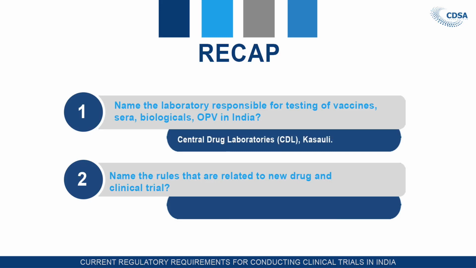So it is the Central Drug Laboratory of Kasauli, which is involved in testing of vaccine, sera, biologicals and OPV testing. What rules are related to new drug and clinical trials? There are many rules you have to answer. The rules like 122A, B, DAB, DA, DC, DAC, all these rules are related to new drug and clinical trial.